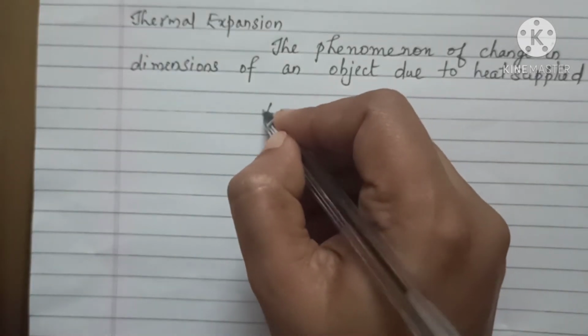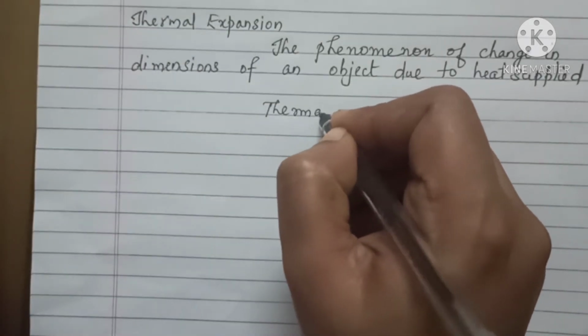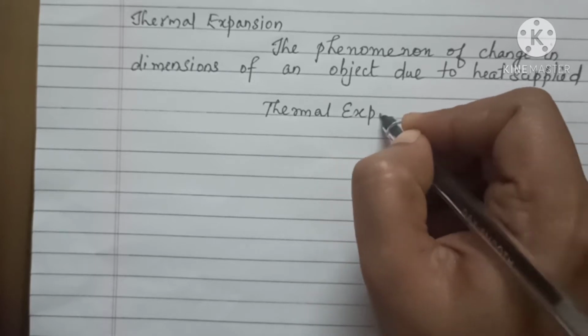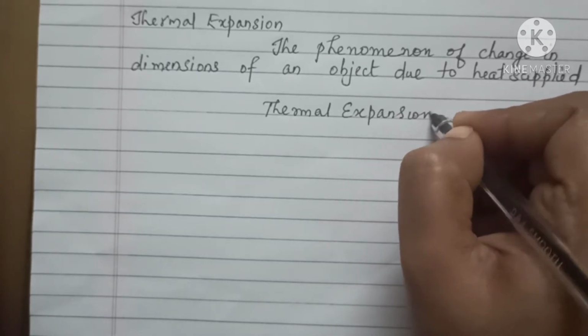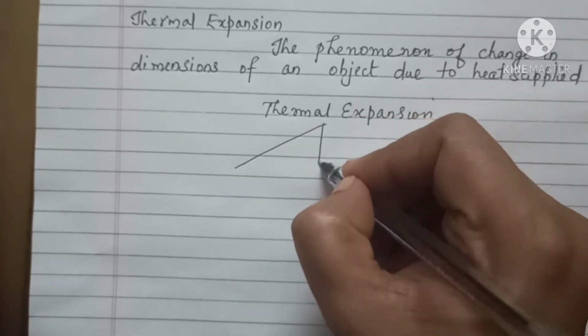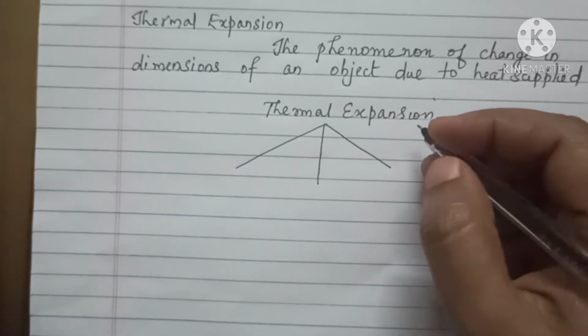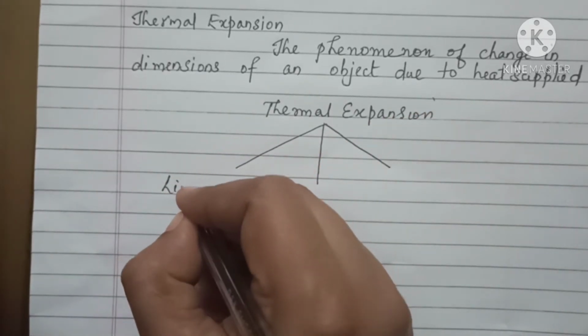Now there are three types of thermal expansion. Which are they? Yes, the first one is linear expansion.